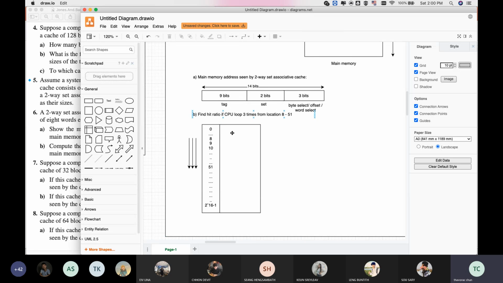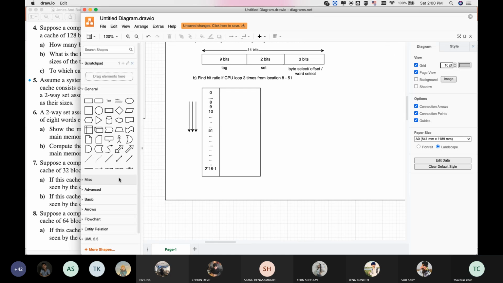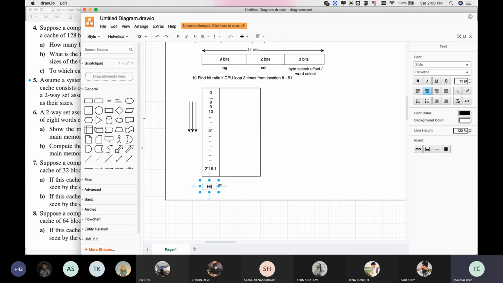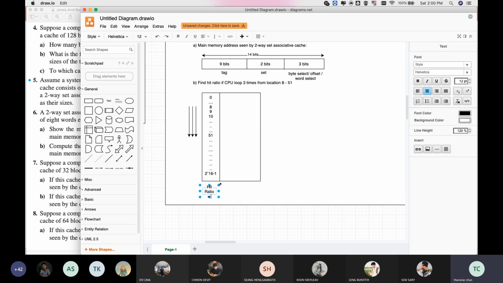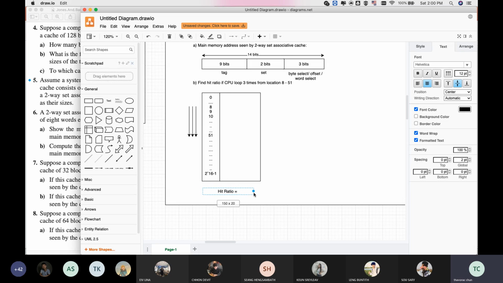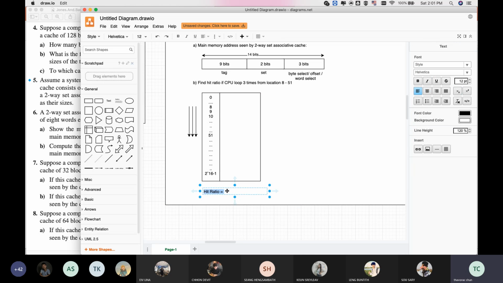And so for the question, to find the hit ratio, here, you need to know the total amount of requests. How many total requests are there? 8 to 51. How many requests? I think it's 132.